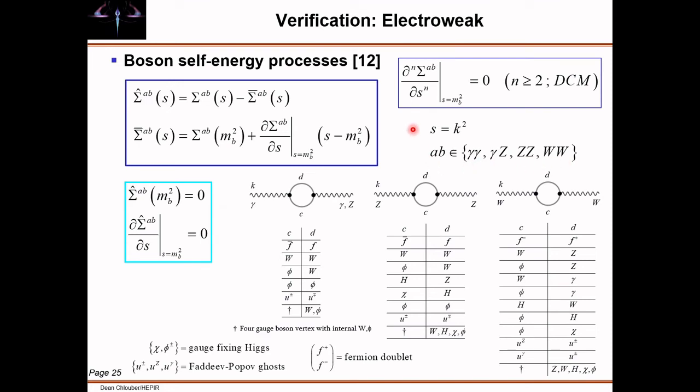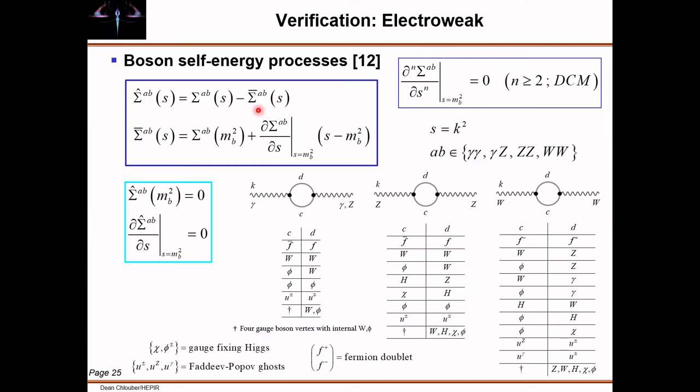Let s equal the squared 4-momentum and construct the stabilized amplitude sigma hat. The core, or unrenormalized amplitude, is given by Hollik in reference 12.